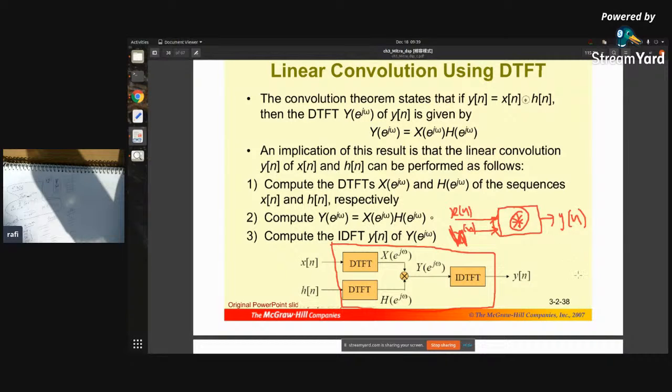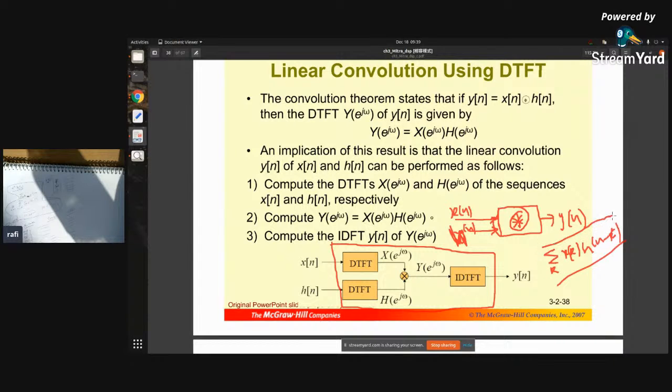Generally in the time domain, y of n is the summation over k of x of k h of n minus k. This is linear convolution in the time domain.